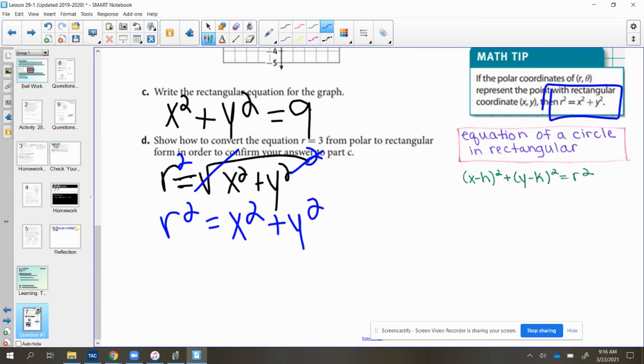And that's what they're getting at over here. It's two different ways to think about your r value, that substitution: either r equals the square root of x squared plus y squared, or r squared equals x squared plus y squared. So since r is 3, r squared is 9. So we see that difference, plugging that in for our equation to get the conversion between the two.